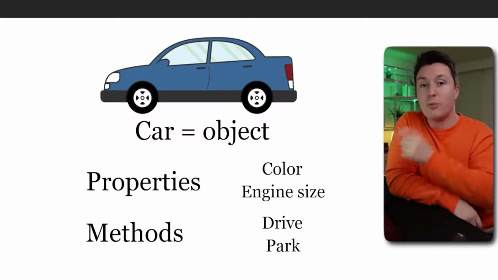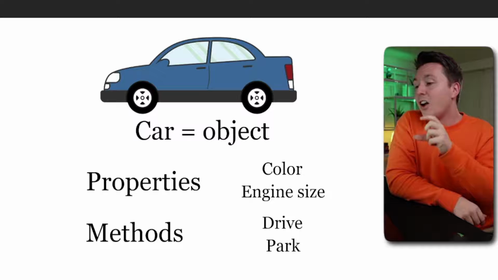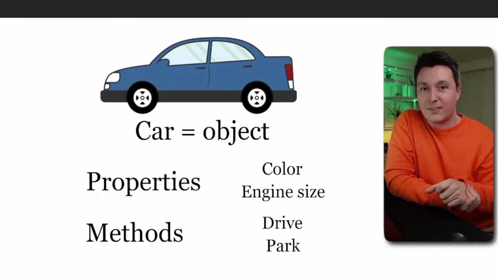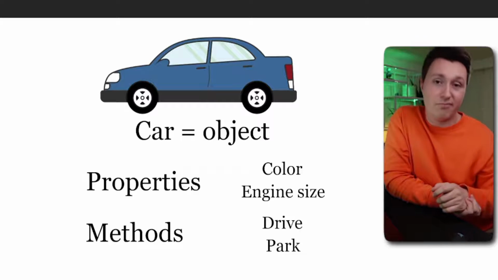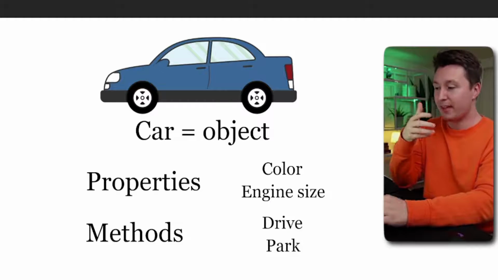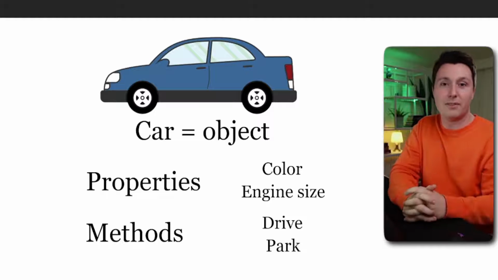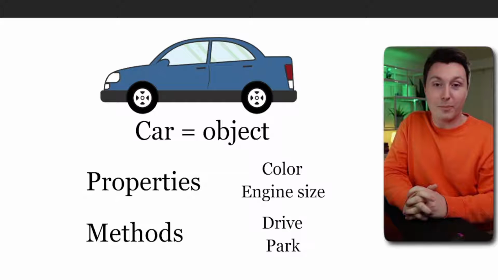So we have the car, which is an object, and everything in the car is actually an object. But then everything in the car has properties that can be changed, like the window thickness of the windows, the color of the car, you can change that. And there are methods that obviously the car can drive, that's a method, and it can park, that's a method. It can probably also explode, that would also be a method.